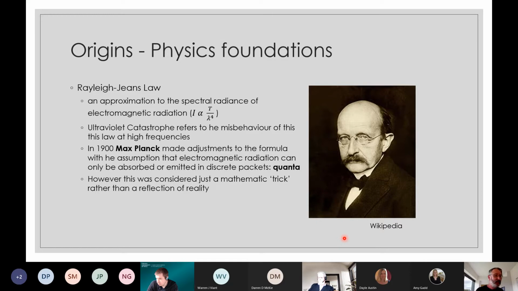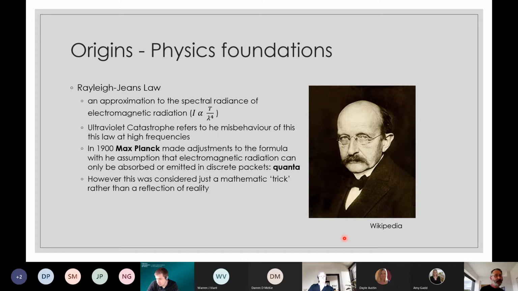And the key here is what was noticed and what was called the ultraviolet catastrophe: this law didn't work at high frequencies. And it just really did not give the right results.